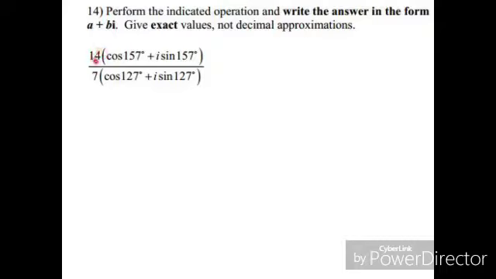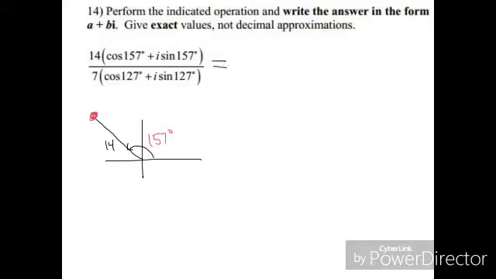Now we don't need to do this work right here that I'm going to show you, but basically 157 degrees is about there, and this dot right there is the complex number that they're talking about. But that's just so you know where to go and that this is the trig form.